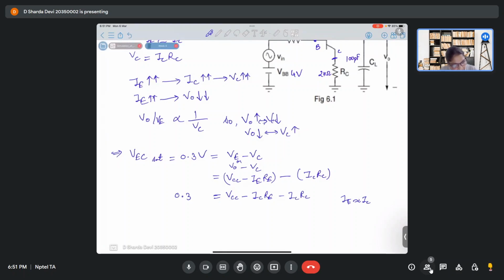So from here, how much is the value of IC that I am getting?